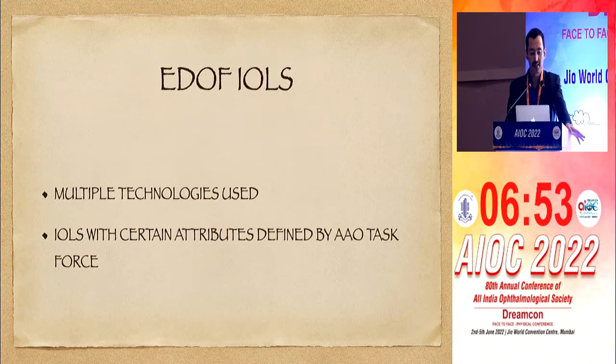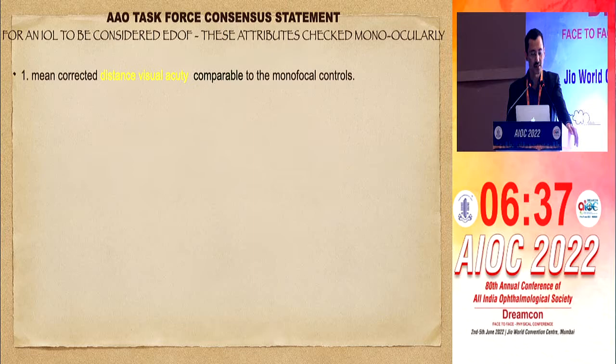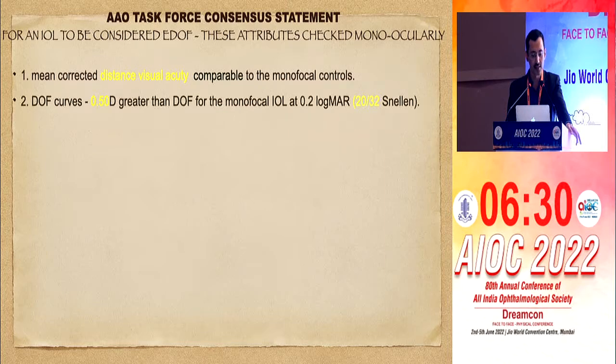Unlike multifocal lenses, EDOF IOLs use multiple technologies. IOLs with certain attributes are defined by the AAO task force as EDOF lenses. For an IOL to be called an EDOF, these attributes should be checked in monocular conditions. The mean distance corrected visual acuity should be comparable to monofocal lenses.